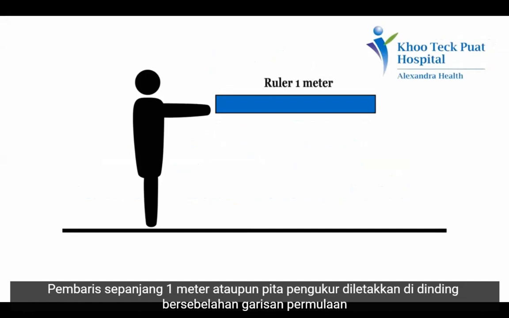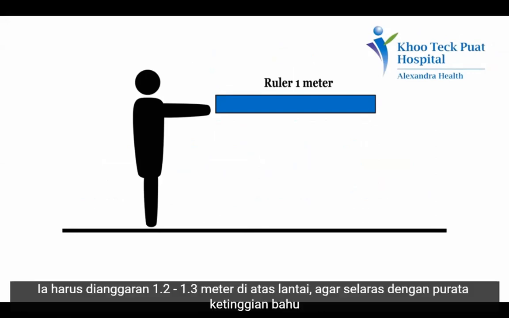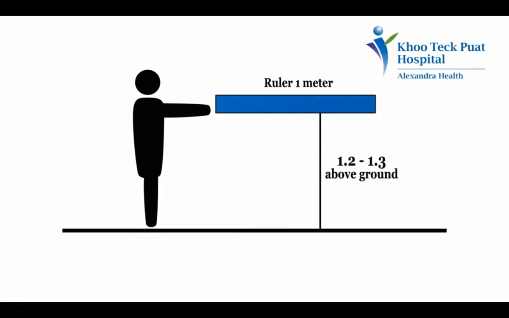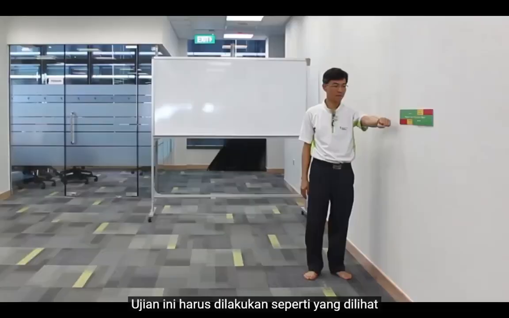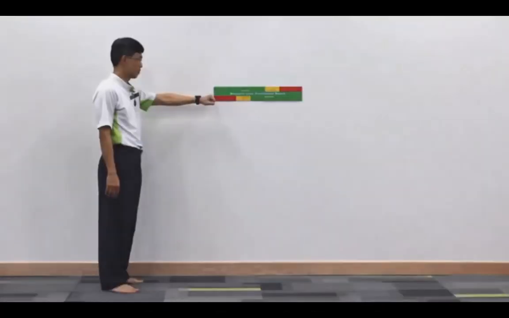Place a 1 meter long ruler or a measuring tape on the wall next to the start line. It should be approximately 1.2 to 1.3 meters above the ground in order to be in line with the average shoulder height. This is how the test should look like.